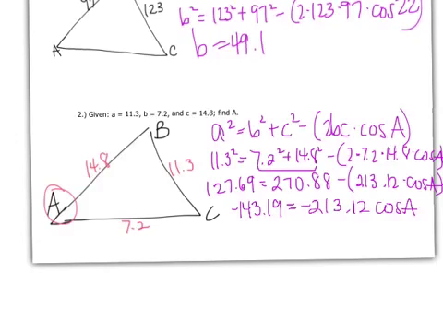So how do we get the cosine of A by itself? Divide, do not add. I just anticipate you incorrectly solving these equations. So think about what you're doing. It's the coefficient of cosine of A, so you need to divide both sides by that negative 213.12.